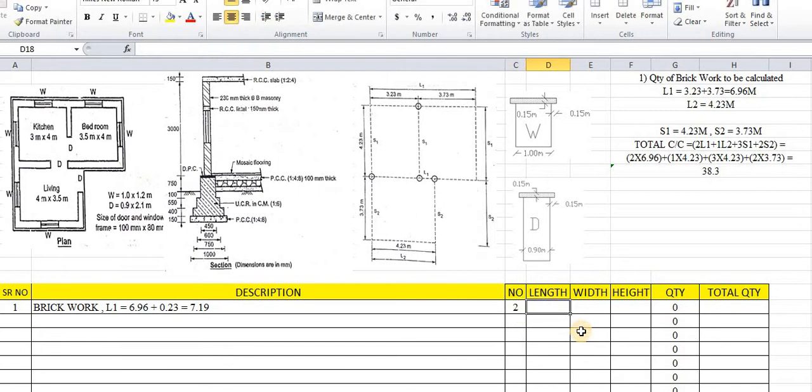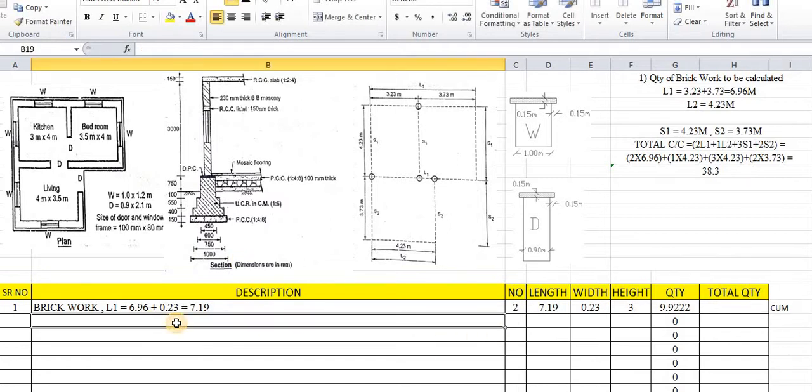Then 7.19, which we have calculated, and the width is 0.23. What about the height of brickwork? The height of brickwork means the room height, which here is 3 meters. So the quantity comes to 9.922, and it is to be measured in cubic meters.